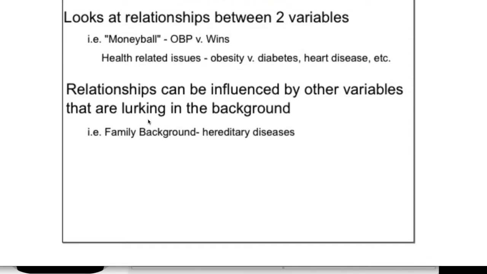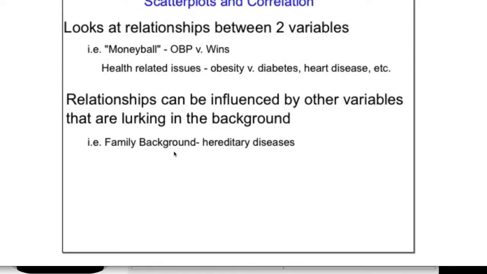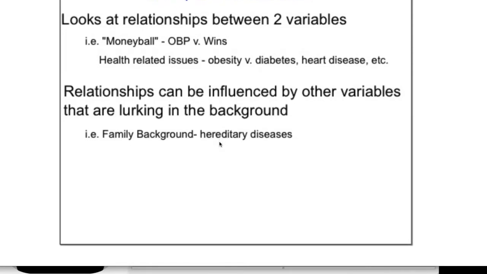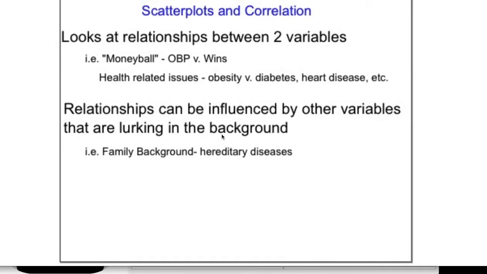For example, speaking of diabetes and heart disease, you could be as healthy as an ox, but if you have a family history with either of those, then you are at a higher risk just because those can be hereditary. We call those lurking variables. Those are things in the background that, for the most part, are going to be out of our control.